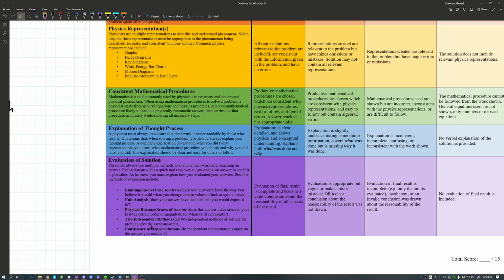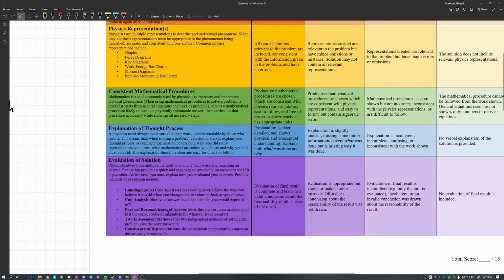As learners, you must explain how you evaluated your answers. This is one of the biggest parts if you're ever doing research in physics. Possible methods of evaluation include, and are not only these things, you can come up with your own, but these are some examples. Limiting or special case analysis: does your answer behave the way you believe it should when you change certain values or look at special cases?